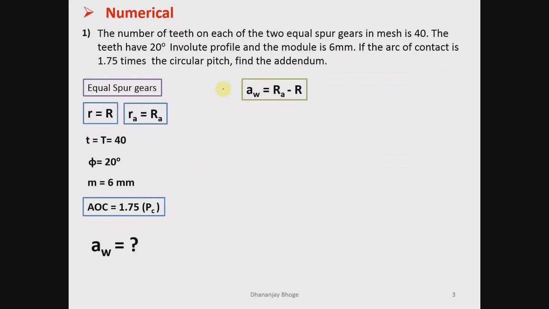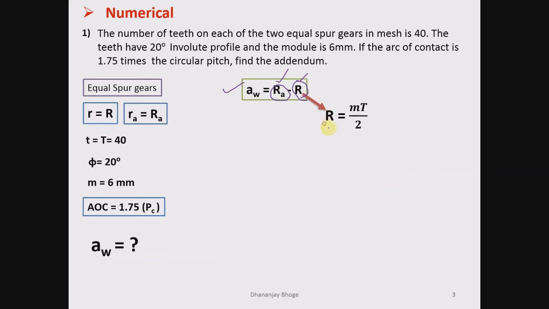So addendum of wheel is equals to addendum circle radius minus pitch circle radius. To find the addendum of wheel, we need to first determine the values of R and RA. Correct? What is R?